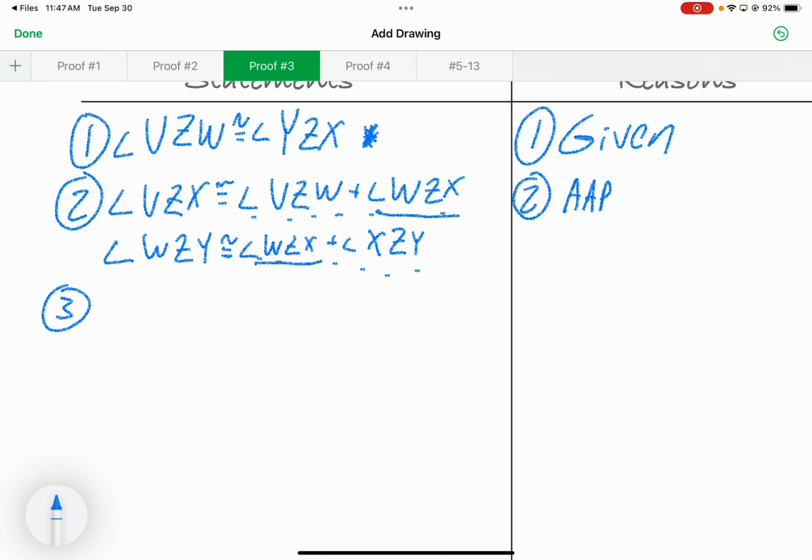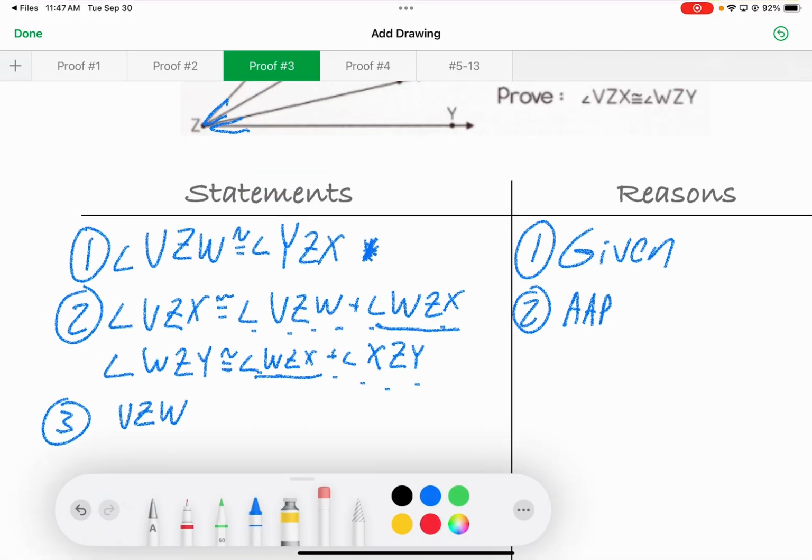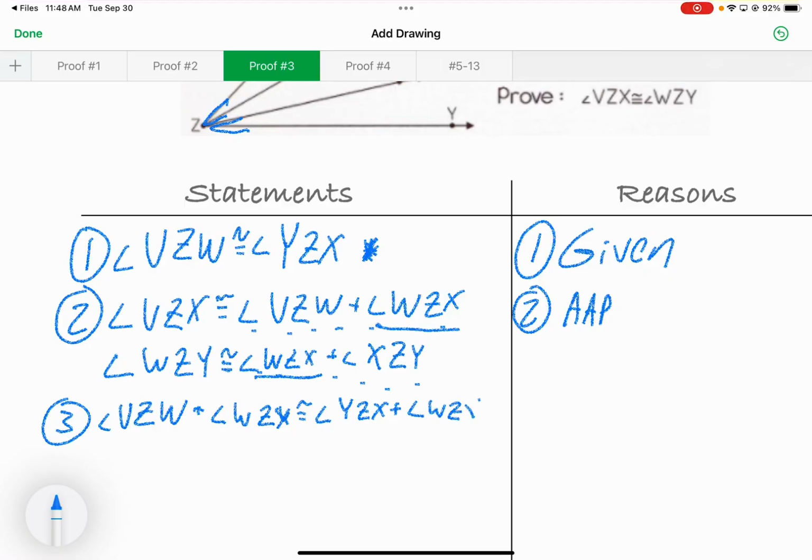So I would have angle VZW plus angle WZX is congruent to angle YZX plus angle WZX.